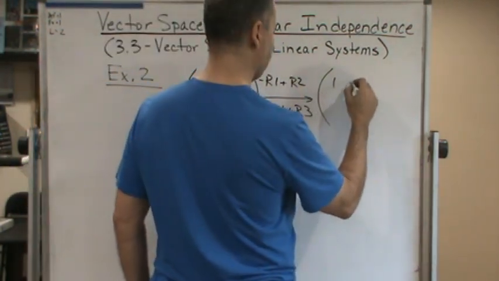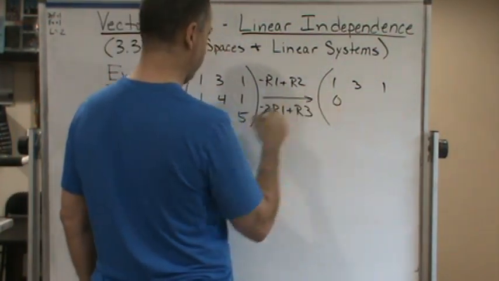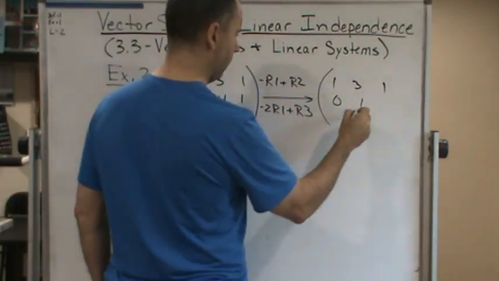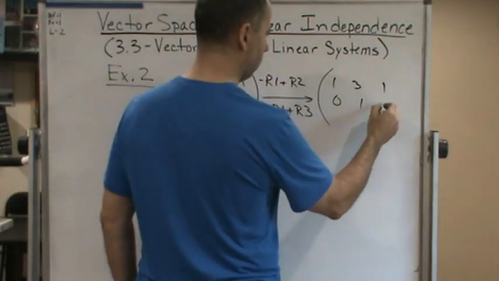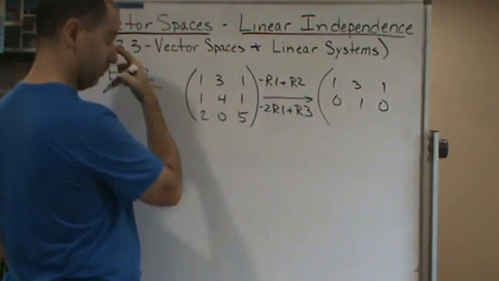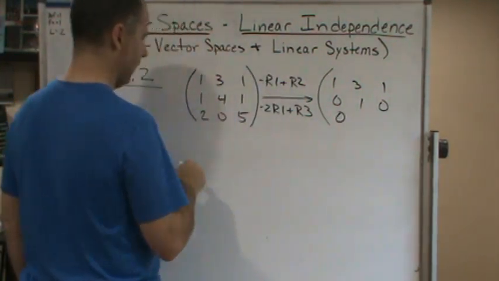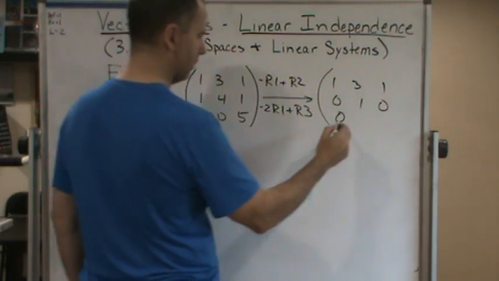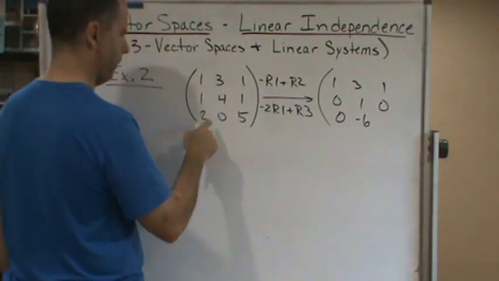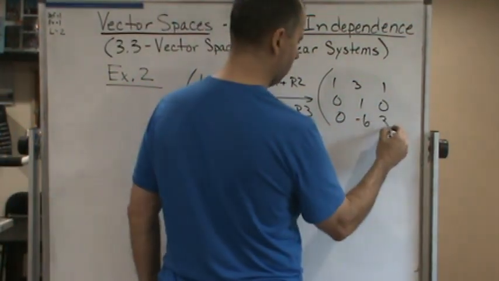Row 1 will be unchanged, and then what do we get? We get 0, and then 1, and then we get 0. And then here we get 0, and then we get negative 6, and then negative 2 plus 5, so we get 3.